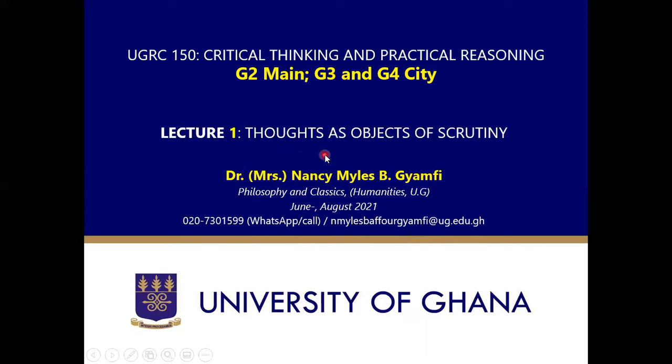So you would want to be careful when you are receiving a notice or when you are receiving prompts on the specific group. Then you want to check if this refers to you. So I'm taking students of main campus group 2 and students of city campus groups 3 and 4.